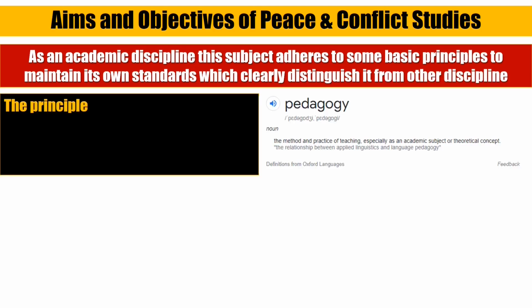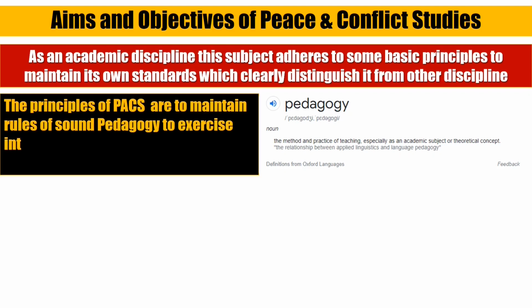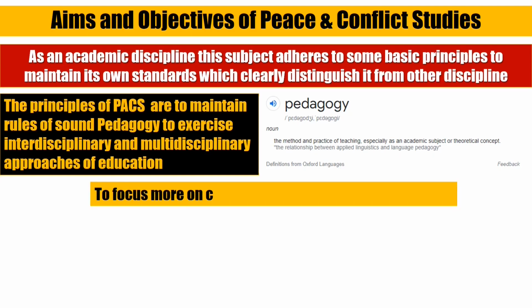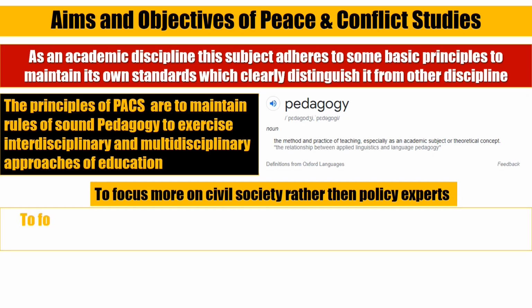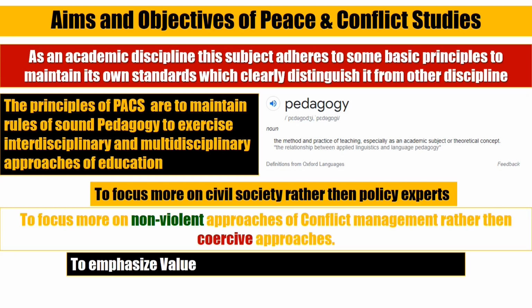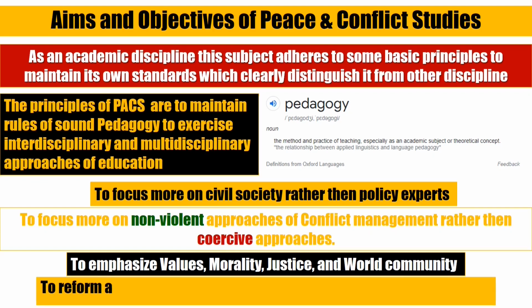The principles of peace and conflict studies are to maintain the rules of sound pedagogy, to exercise interdisciplinary and multidisciplinary approaches of education, to focus more on civil society rather than policy experts, to focus more on nonviolent approaches of conflict management rather than coercive approaches, to emphasize values, morality, justice, and world community, to reform and transform existing structure in order to sustain peace.